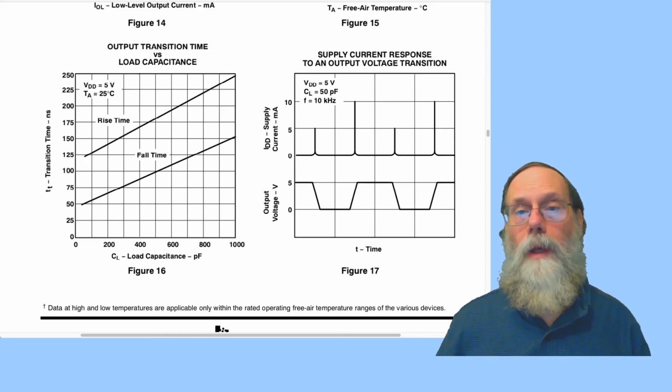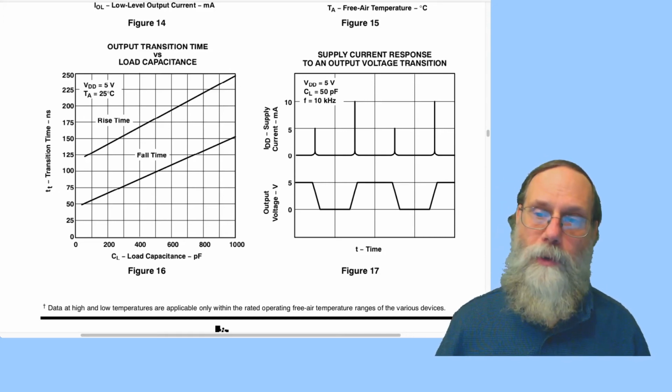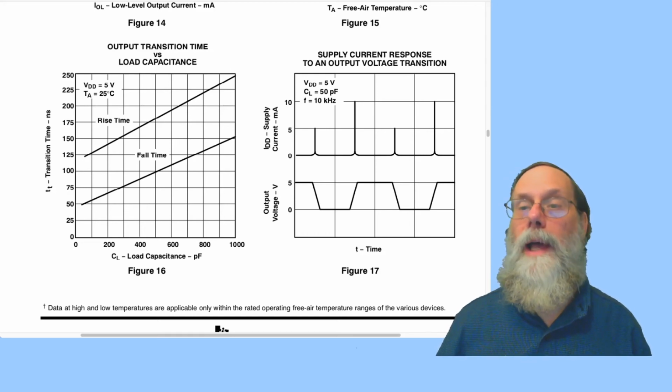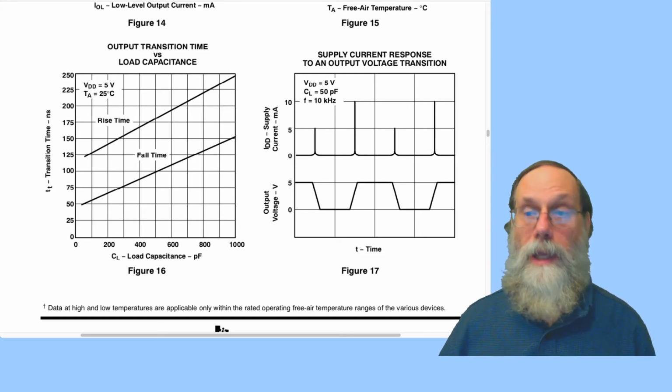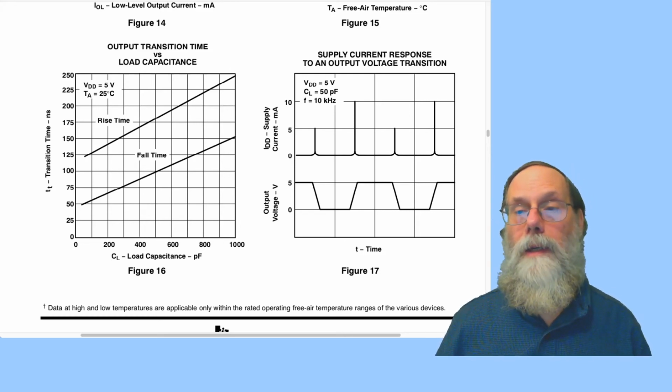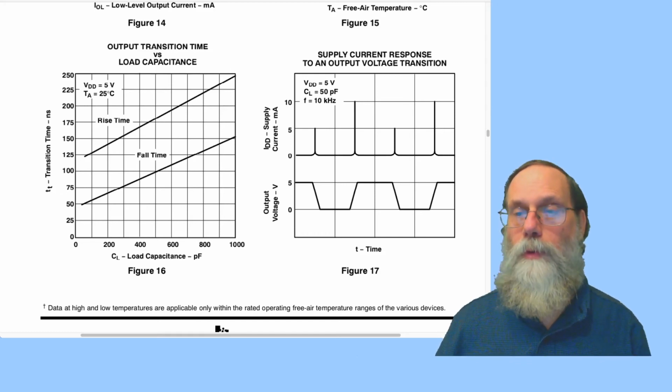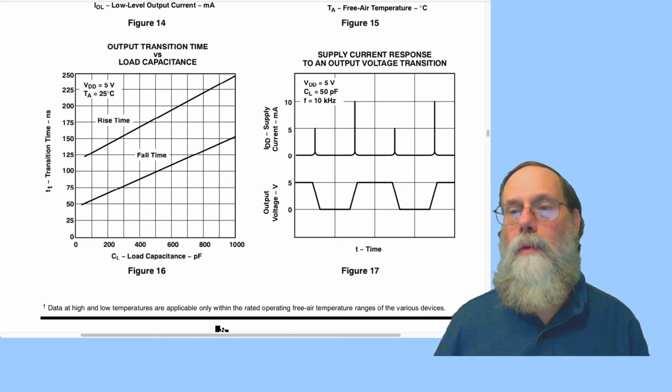We care about those transition times because if we're using it, for instance, to drive power field effect transistors, as we'll be doing in the Class D power amp, then we want to drive those transistors fast to avoid problems with shoot-through current and so on.